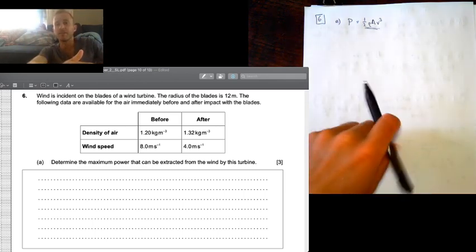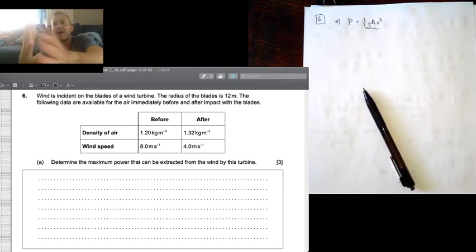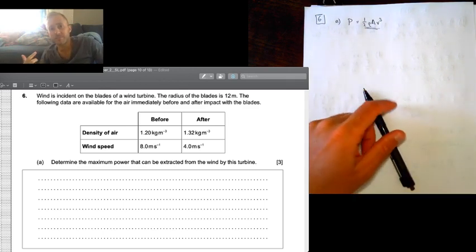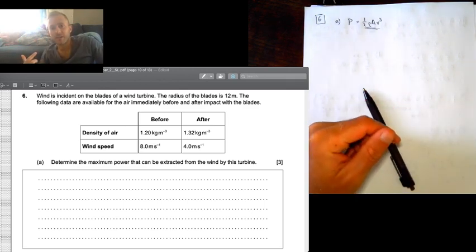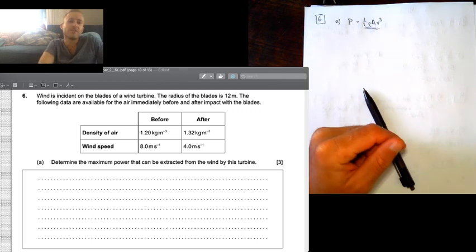Because if the air has kinetic energy as it comes out of the wind turbine, then that means you haven't extracted all the kinetic energy. So this is kind of the issue with wind turbines.